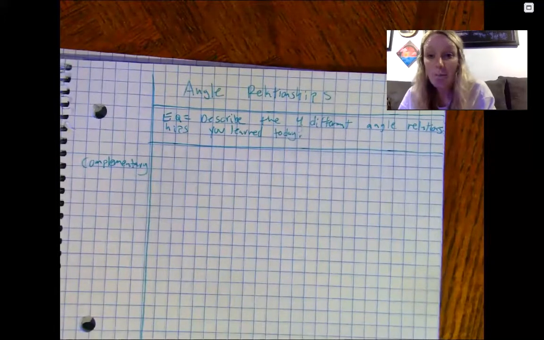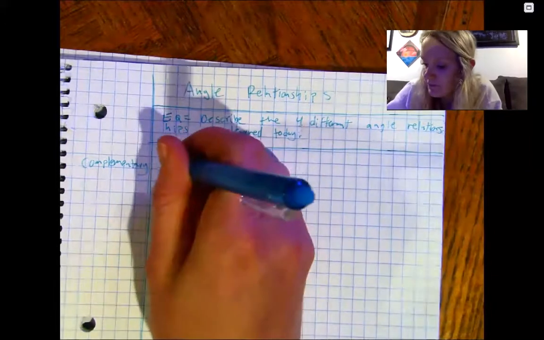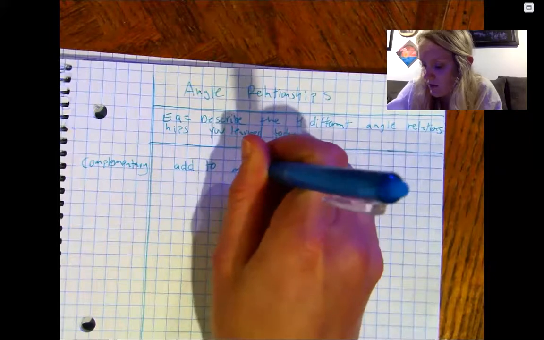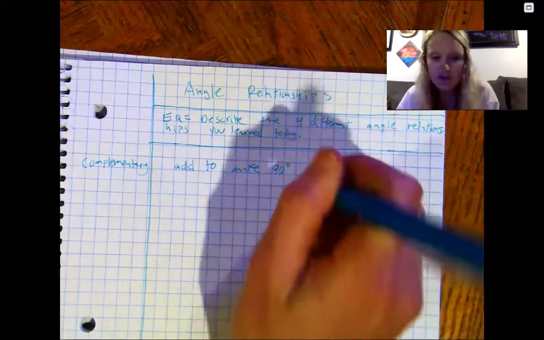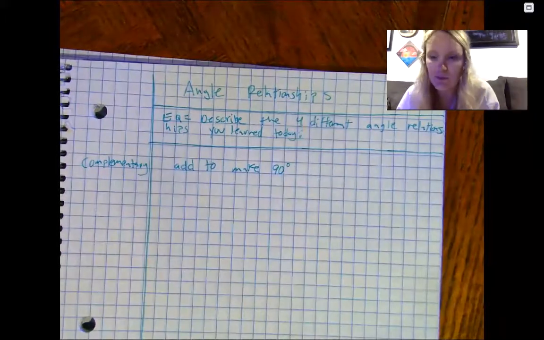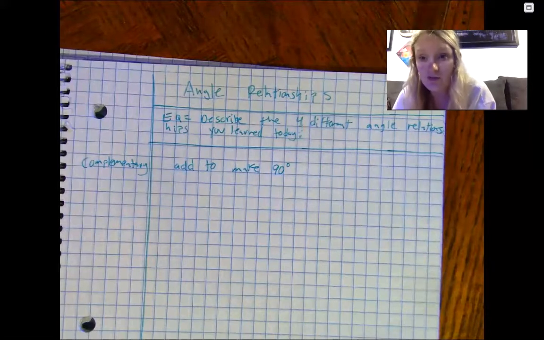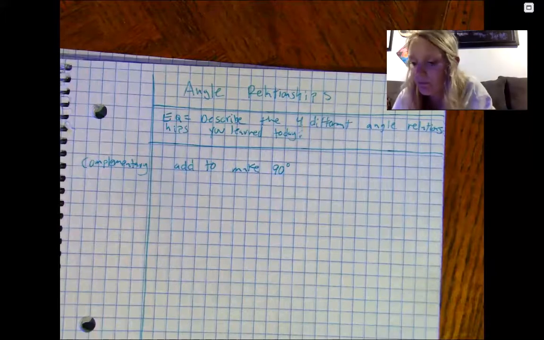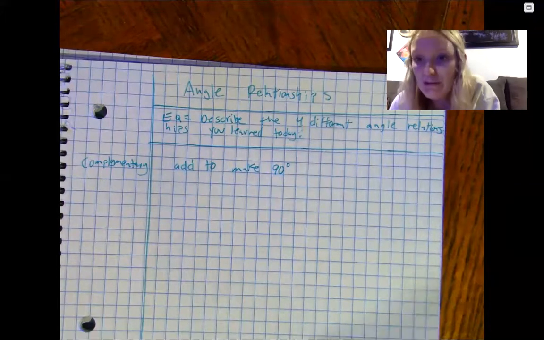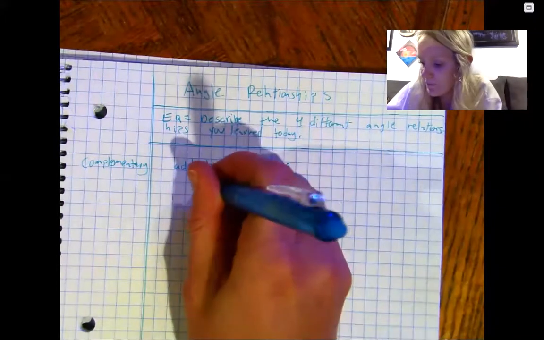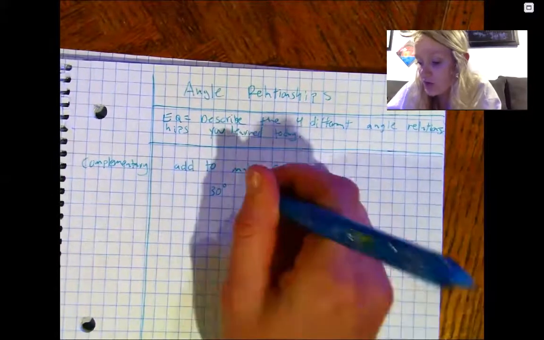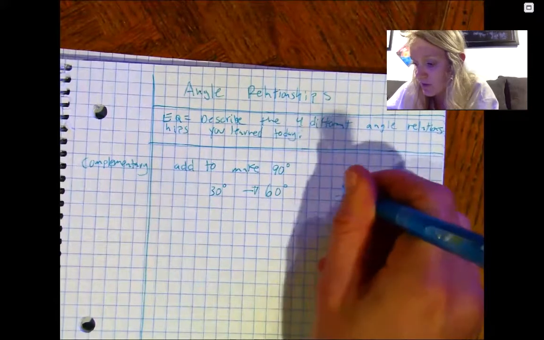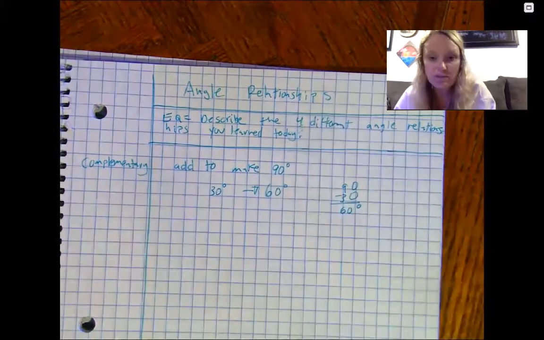Complementary angles are angles that add to make 90 degrees. It's literally that simple. So it's any 2 angles that when added together make a right angle, a 90-degree angle. If I gave you 30 degrees, its complement is 60 degrees because 90 take away 30 is 60 degrees.